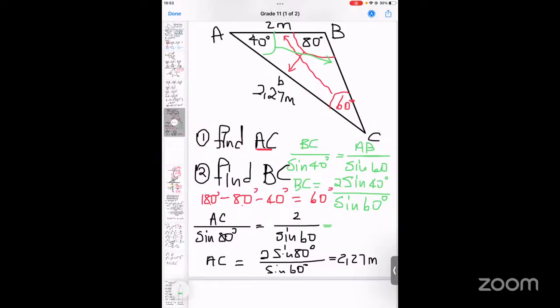What is that BC? 1.48. 1.48 meters. And then that is the end of it.